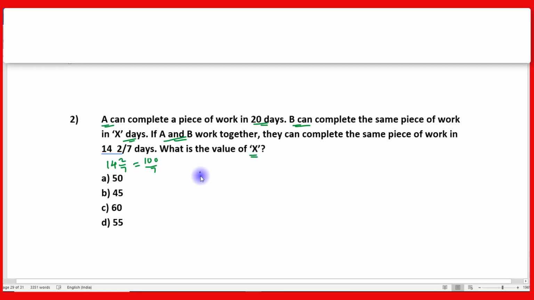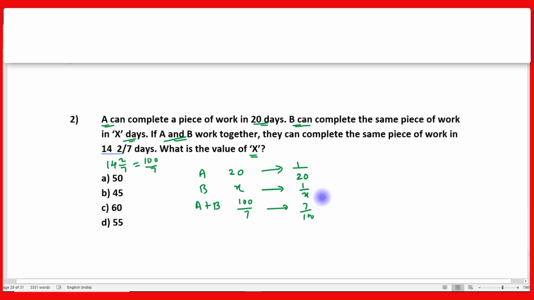Here, friends, A completes a work in 20 days. B completes it in X days, and A plus B together they work in 100 by 7 days. So here we will calculate their 1 day's work. A's 1 day's work will be 1 by 20, B's 1 day's work will be 1 by X, and A plus B together their 1 day's work will be 7 by 100.